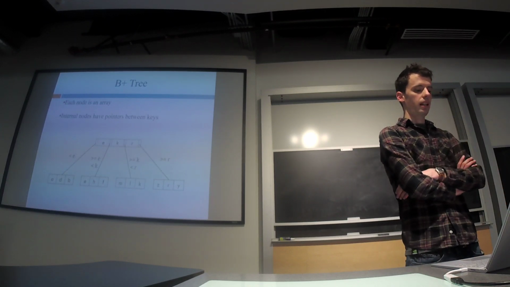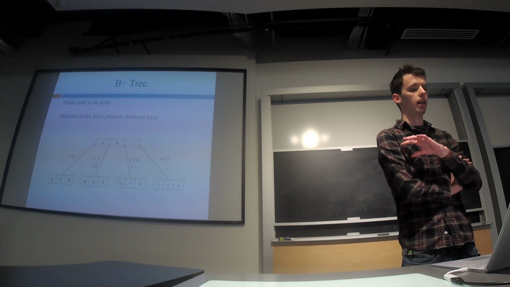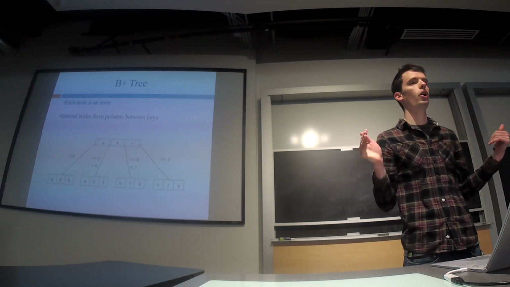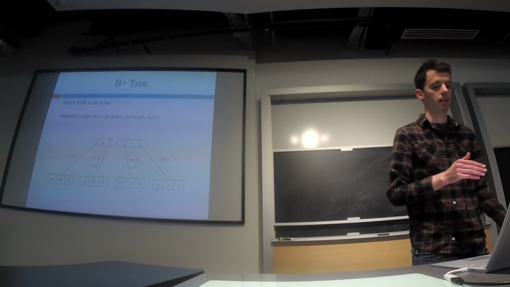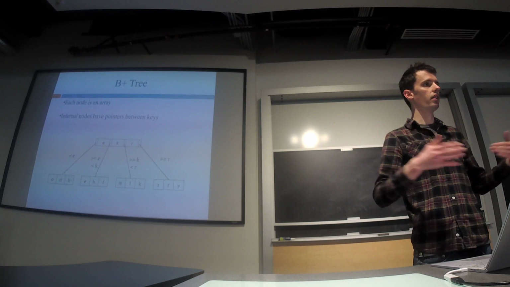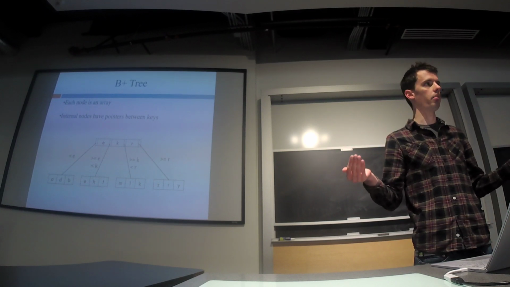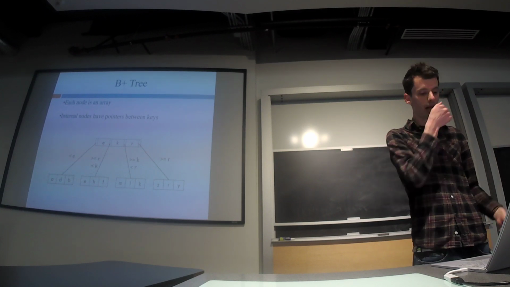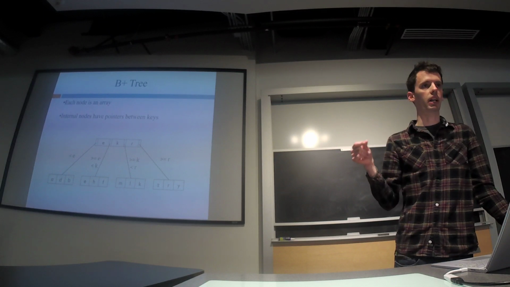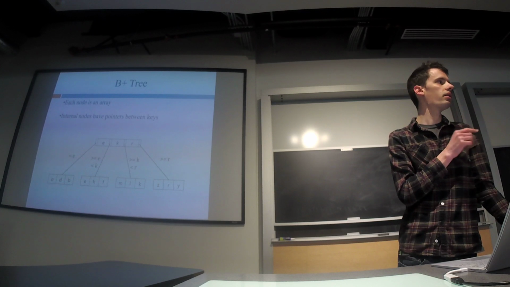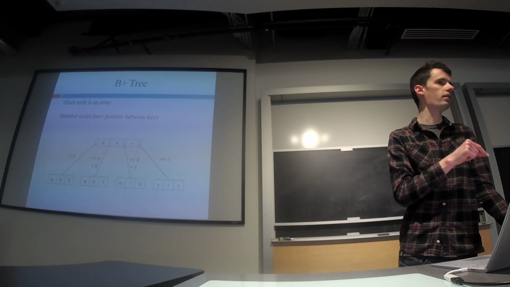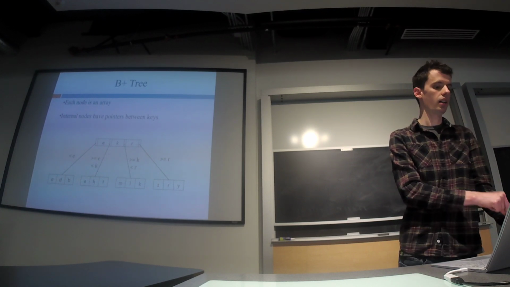Okay, so the internal nodes, every node itself is an array now instead of just one thing. And depending on the branching factor, that determines the size of the array. And then the way that these branches work is to the left of a key means everything following that link is less than the value of the key.